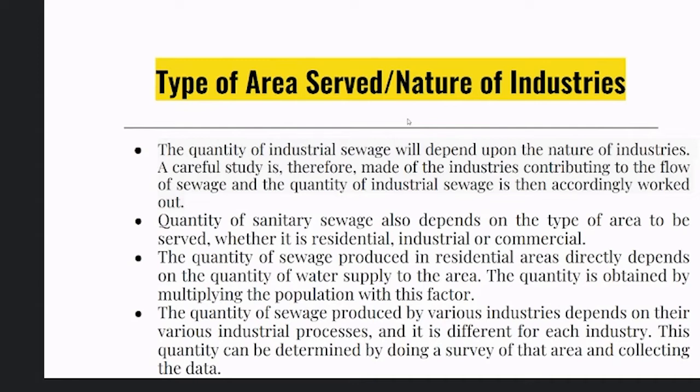Kasi kung mas marami yung nailalabas pero kaunti naman yung naibabalik, baka ang problema natin is daluyan ng pipe na galing sa sewerage system to potable water to our commercial buildings and so on.